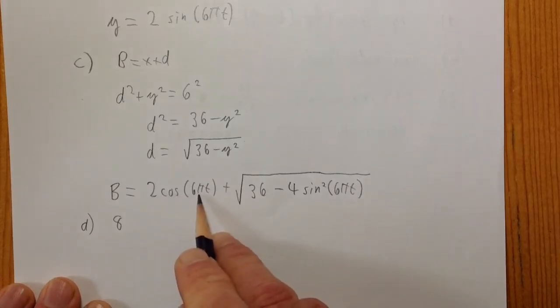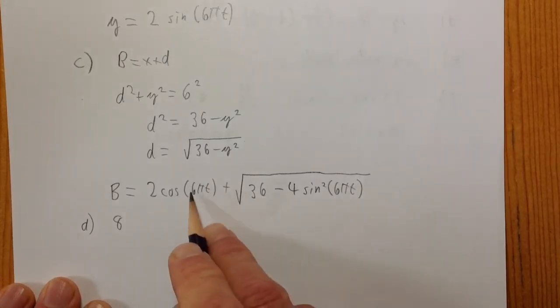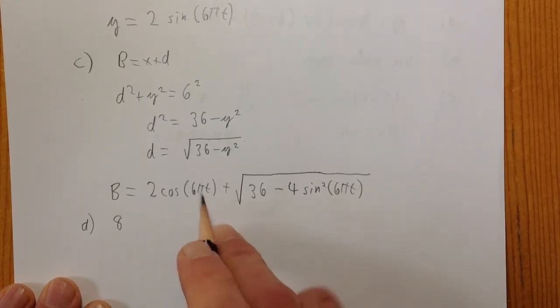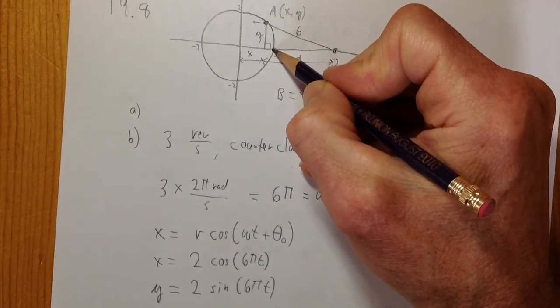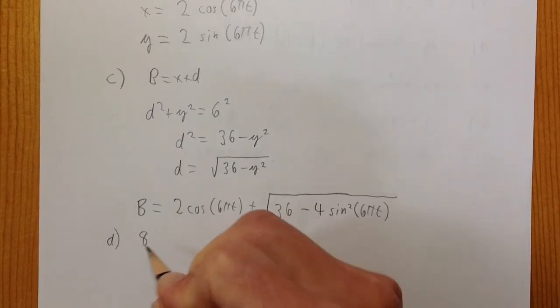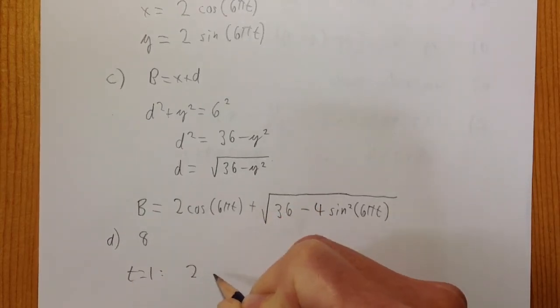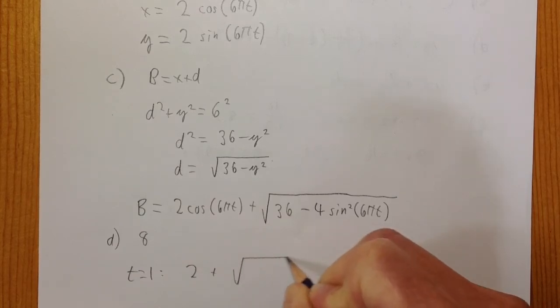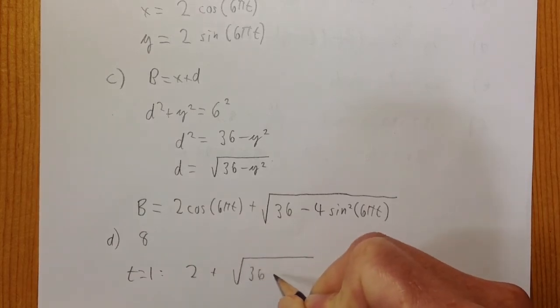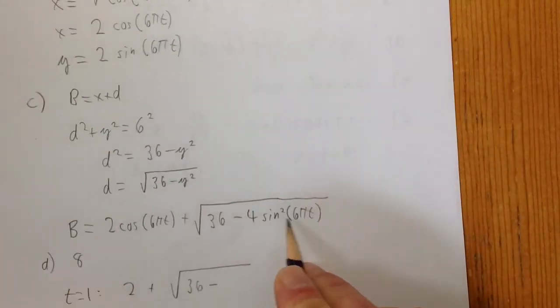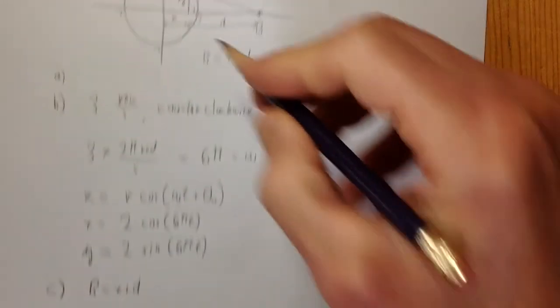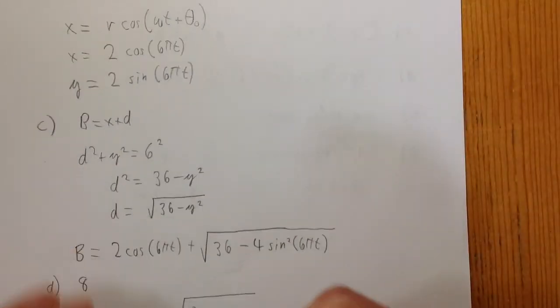So t equals 1, we have cosine of 6 pi, which is the same as cosine of 2 pi, which is the same as cosine of 0, which is 1. Because cosine is the x value at t equals 0, the x value is 1. Then we multiply it by 2 here. So at t equals 1, this first thing is 2, plus the square root of 36 minus, okay, sine of 6 pi, sine here is 0, so that's all 0.